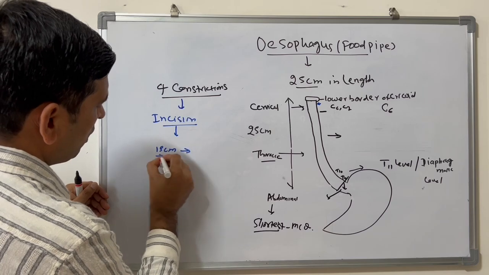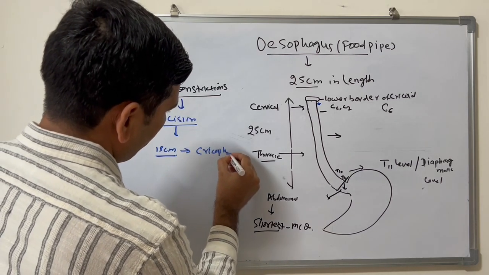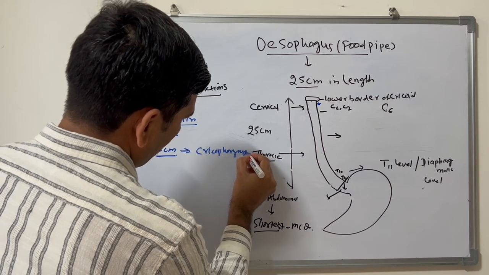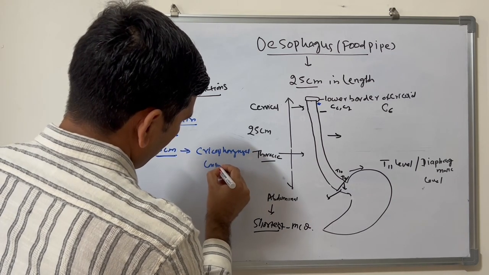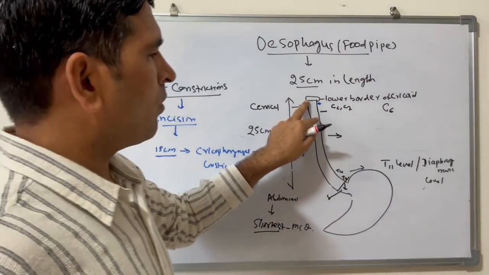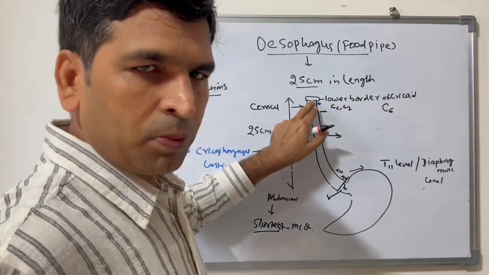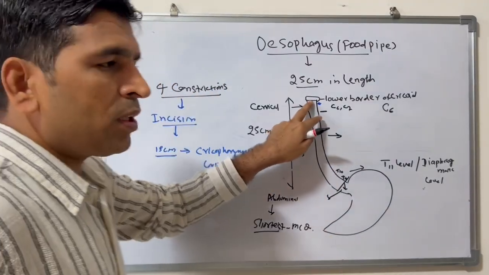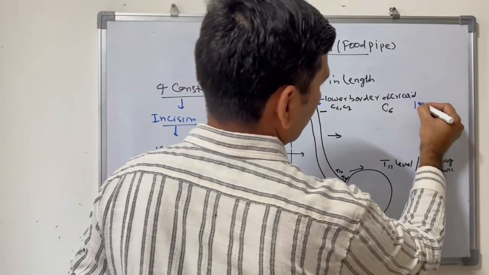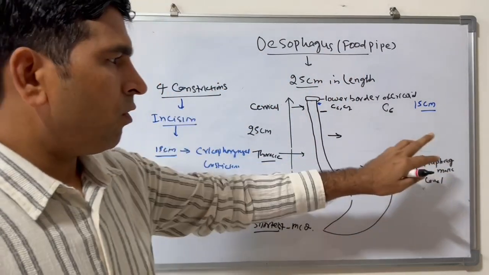This is the cricopharyngeal constriction, at the level of the pharynx and the uppermost part of the esophagus, about 15 centimeters from the incisor. This is called the first constriction.